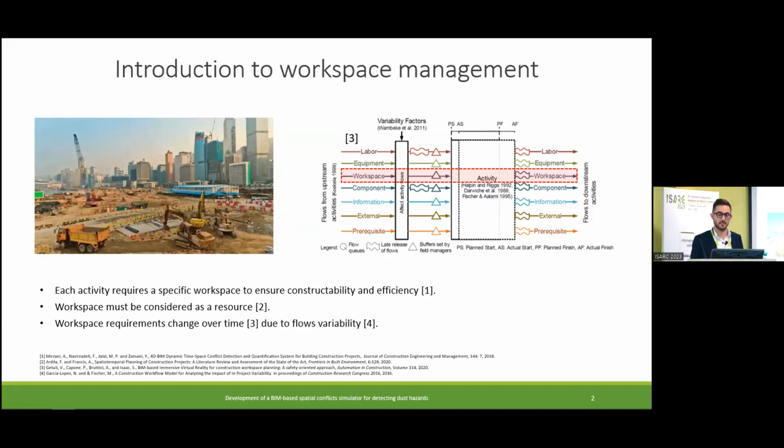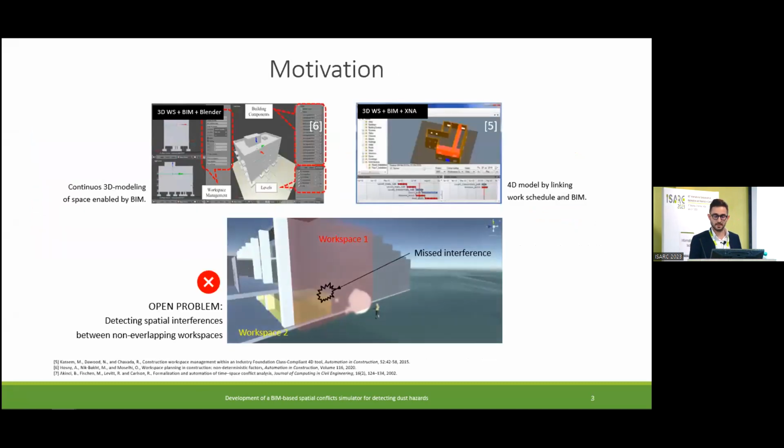In this domain, in the last years, past studies provided relevant high-tech space management solutions, basically based on 4D BIM models. The contribution provided by these studies to the body of knowledge is relevant because they enable us to detect spatial configs in the 3D dimensions, but some limitations still exist.